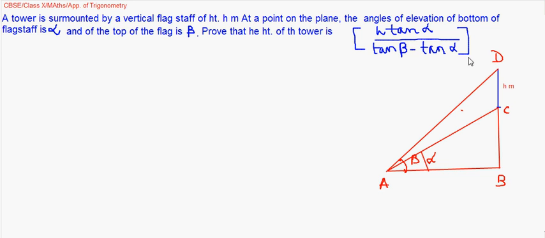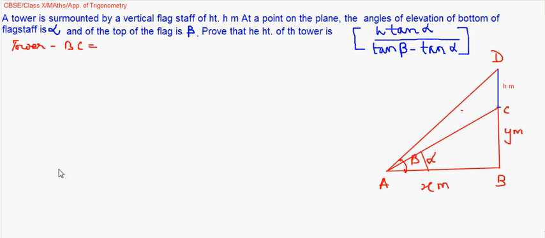Say height of the tower is given to be BC because I have assumed the tower to be BC, so tower can be given as BC. So I need to give a name. I give X to it or Y to it. Okay, let me give Y to it. I can give AB as the distance to be X. This is Y meter, this is X meter.